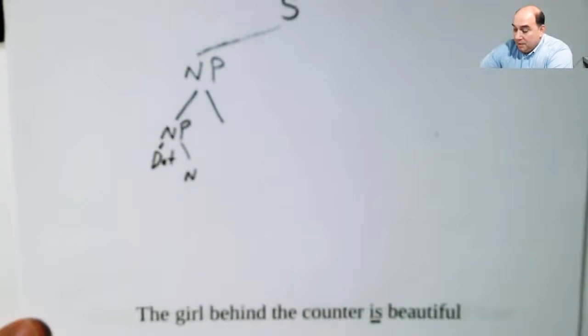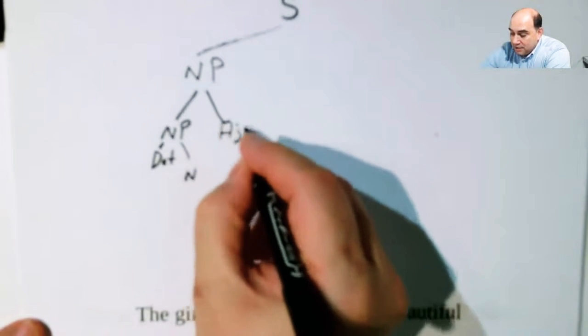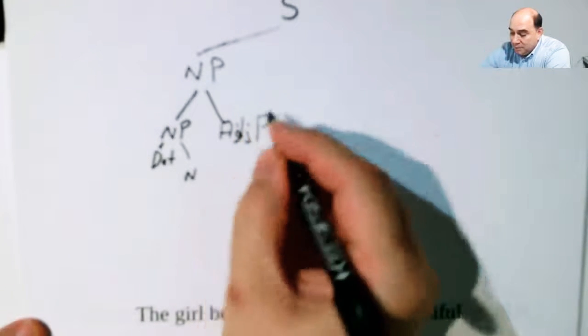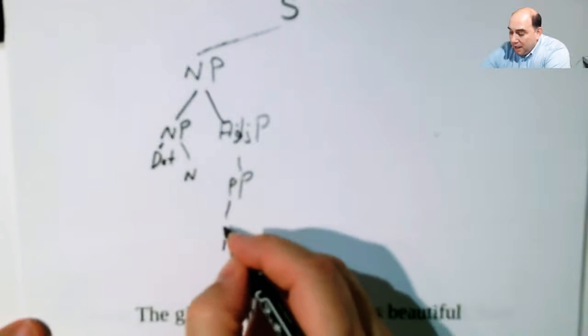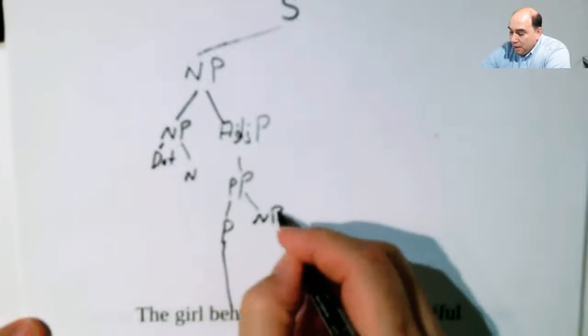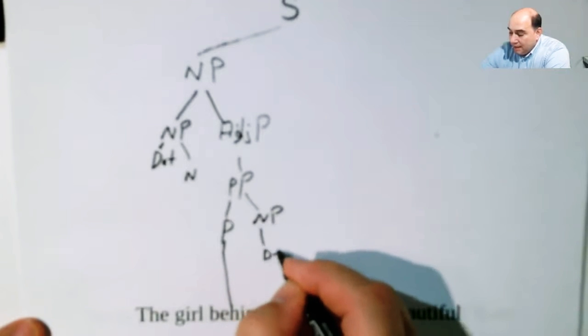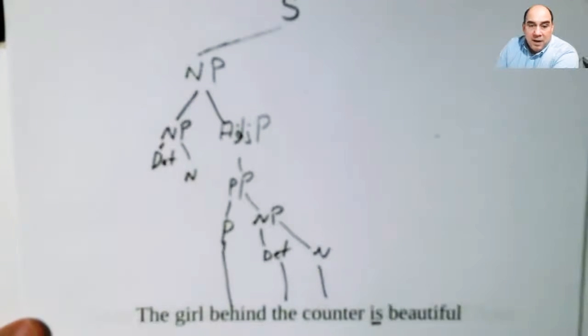Now this is describing the girl, so its function is adjectival. It's an adjective phrase, but it's a prepositional phrase. And the preposition, of course, is behind. And the noun phrase has two parts, a determiner and a noun. Okay? So we got a noun phrase here that also includes an adjective phrase.